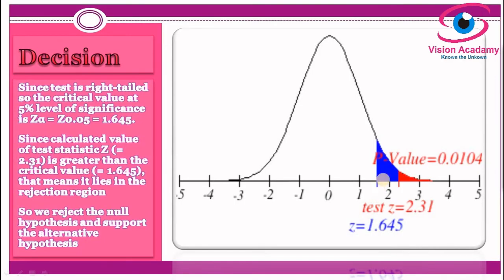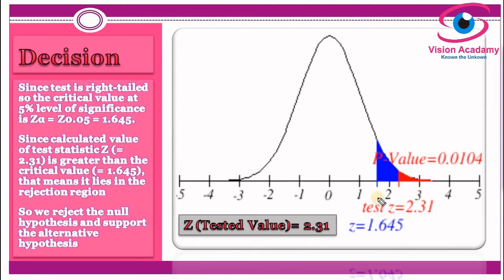The critical value is marked here by the blue shaded area at 1.645, and the red shaded area is the test value, 2.31. All the area from the critical value onwards is the rejection region, the shaded region.